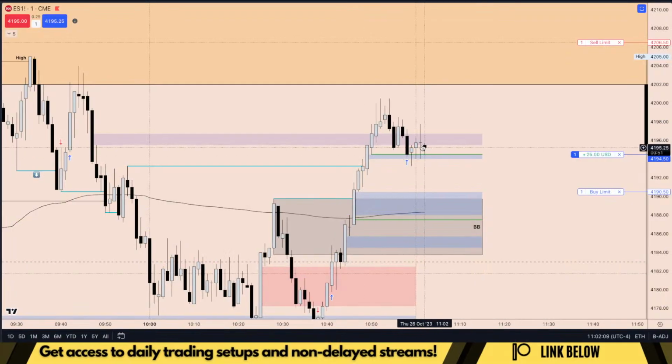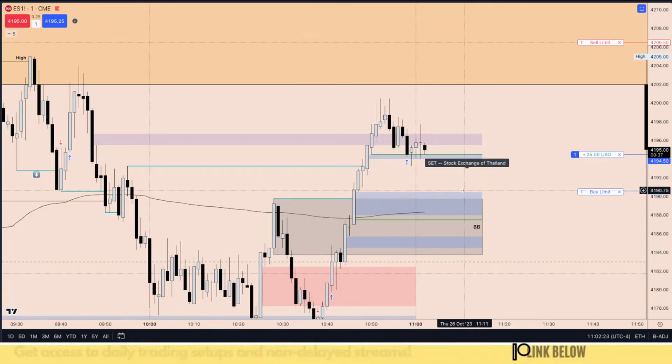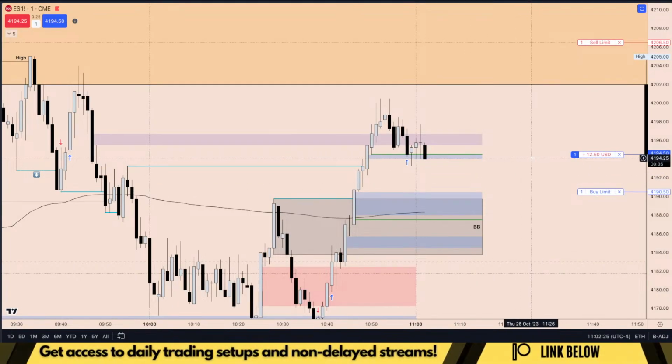Bearish volume imbalance. Lower low, lower high, lower low, lower high, lower low.